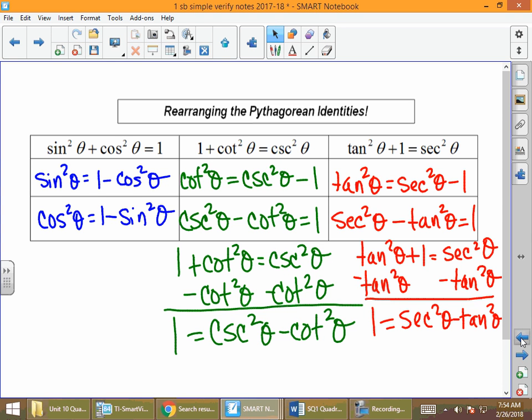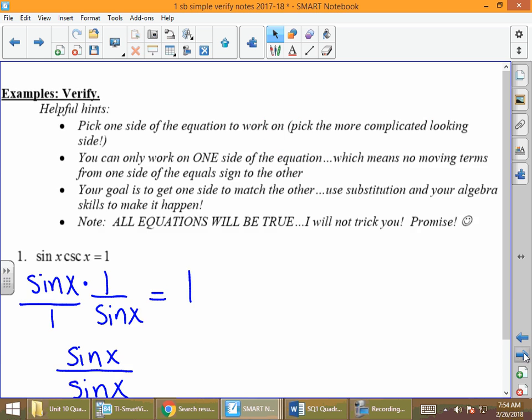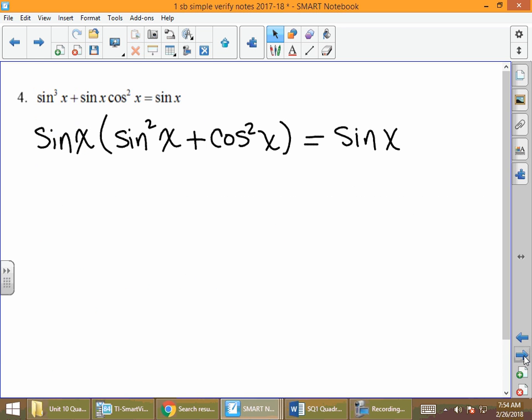And it's probably nice to have your yellow identity sheet out in front of you where you can look back at that easier. But if we look at the identity again that we're working with, sine squared x plus cosine squared x simply equals 1. Everything in that parentheses just equals 1.